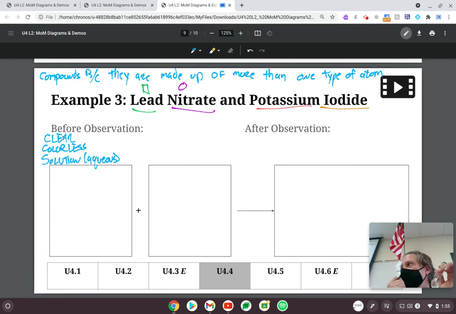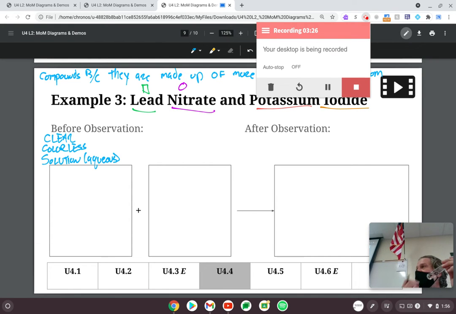What is a solution? We talked about it on Friday. Yeah, it's a pure substance that's dissolved in water, right?